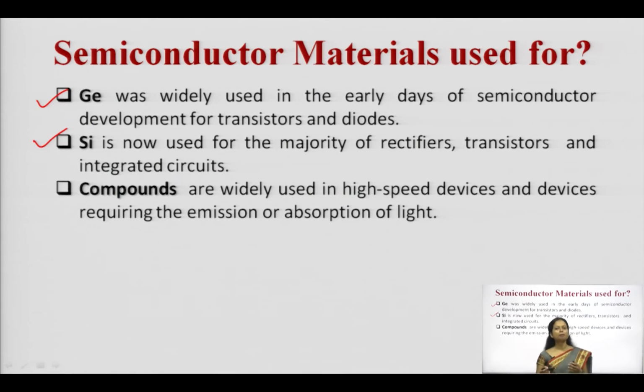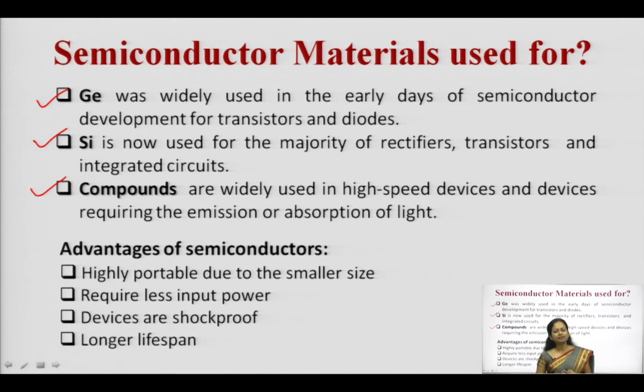And the third thing is the compound semiconductor. We have already discussed compound semiconductors, and I have discussed 4 different samples where they are used. Compound semiconductors are widely used in high speed devices or devices which require emission and absorption of light. You must remember these points, they are very important.